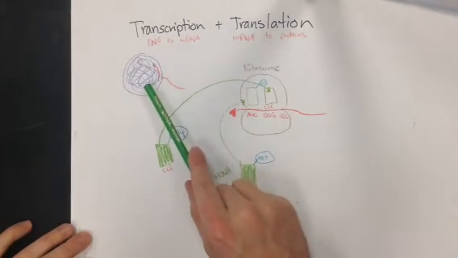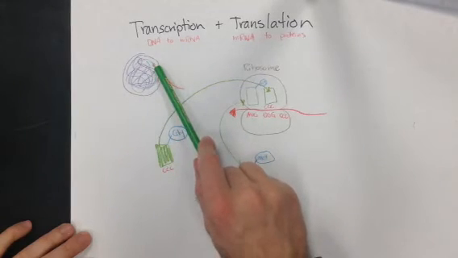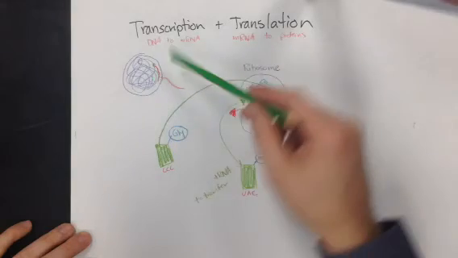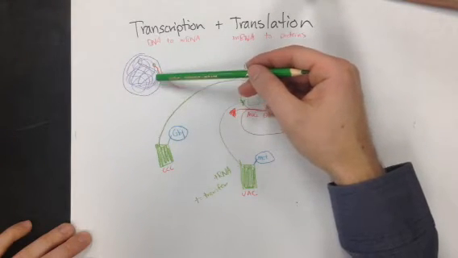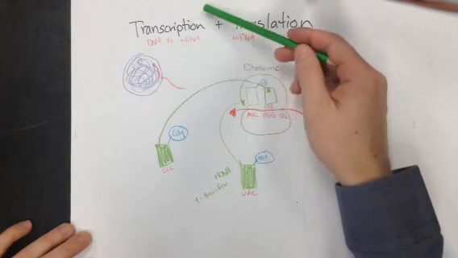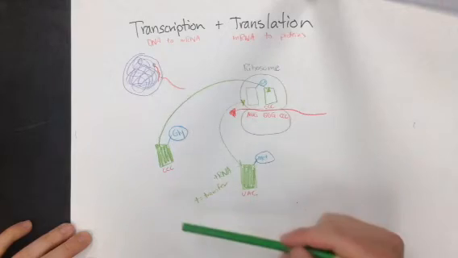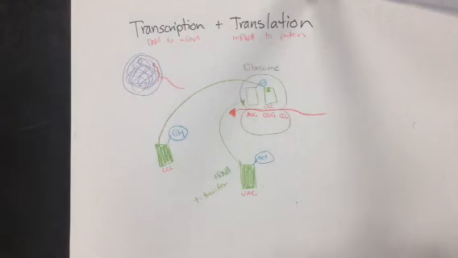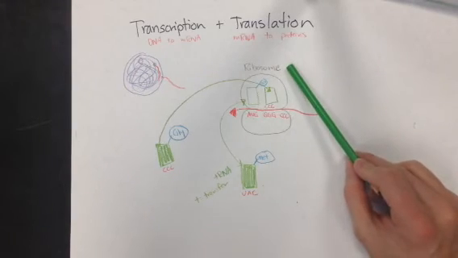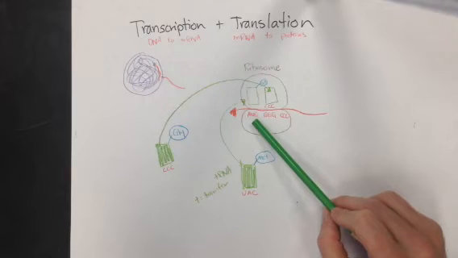First step, transcription. An enzyme will come in and figure out where that gene is, and make a message. That message leaves through the nuclear pores of the nucleus. That's all transcription is, DNA to making that red single-stranded RNA. Then the RNA is going to dock with the ribosome, which makes proteins. The ribosome is going to read it in groups of 3 letters.